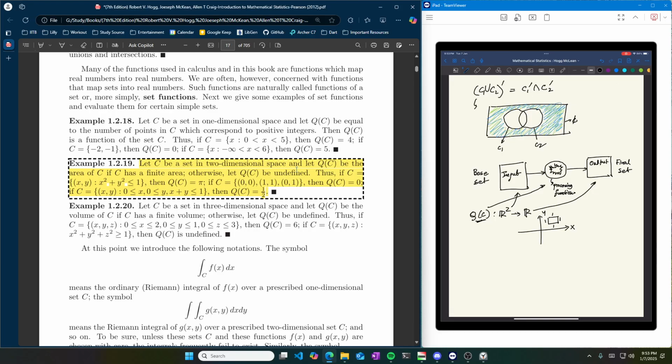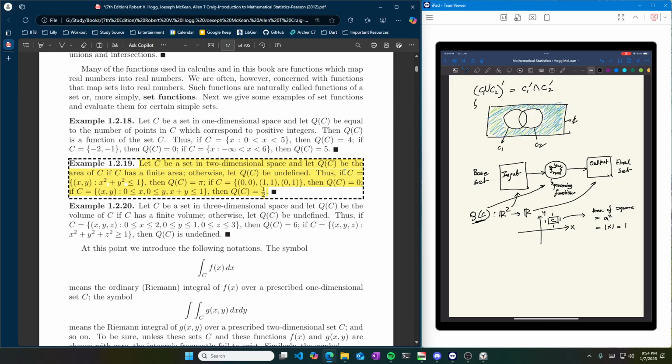This is the set C, right? Any set C. When you apply Q(C), this function, on top of this, it will generate the area of this. So we know the area of a square. I forgot, it is called a square. Yeah, 1 into 1, essentially the side, right? Equals 1. So for this particular one, it would be 1.